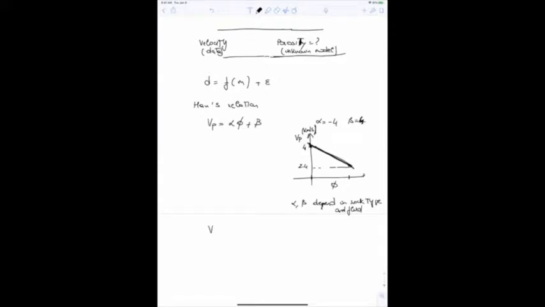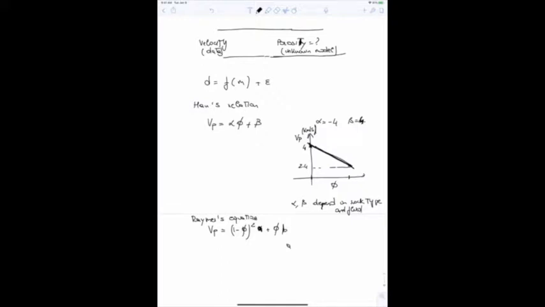Now, there are other models that are not linear, for example, Raymer's equations. It's not linear in porosity, it's quadratic. It's 1 minus porosity squared times a constant, which only depends on the solid, plus porosity times something. I'm going to call them A and B, since I used alpha and beta above.